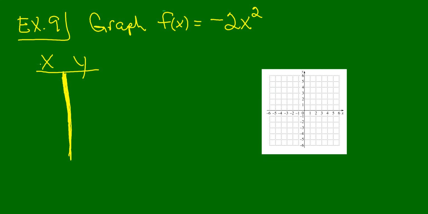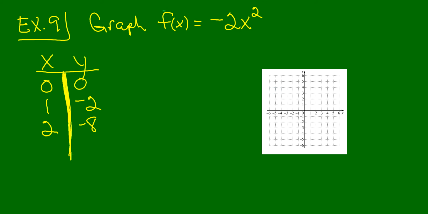So let's say if I do, how about 0? Always use 0, right? When x is 0, y is 0. And then when x is 1, y is going to be -2. When x is 2, y is going to be negative 8. Let me make sure on that. 2 squared is 4. 4 times -2 is -8.